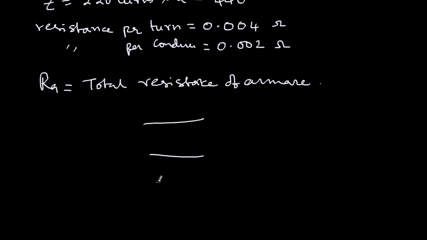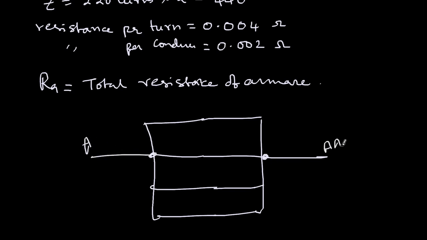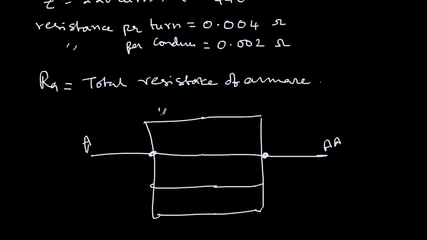There will be 4 parallel paths, and finally this will be the armature. A and A represent the starting and ending terminals of the armature. Now each path consists of how many conductors? 440 conductors are there, so each path will have 110 conductors.